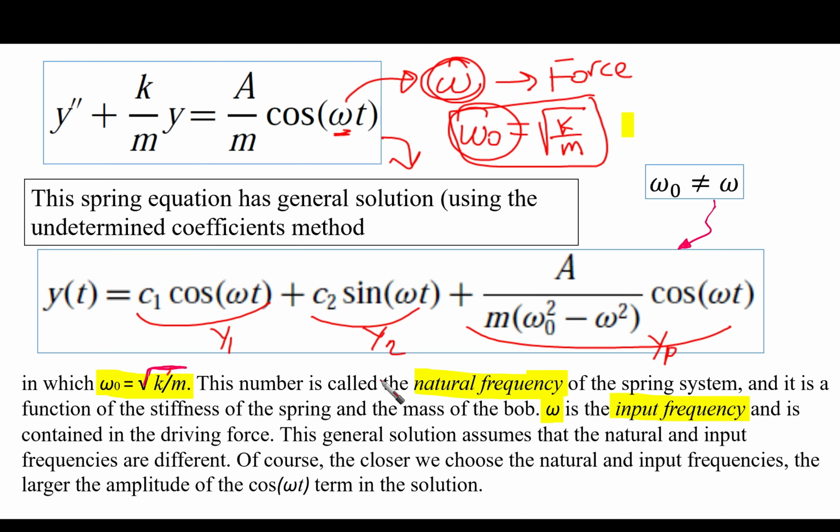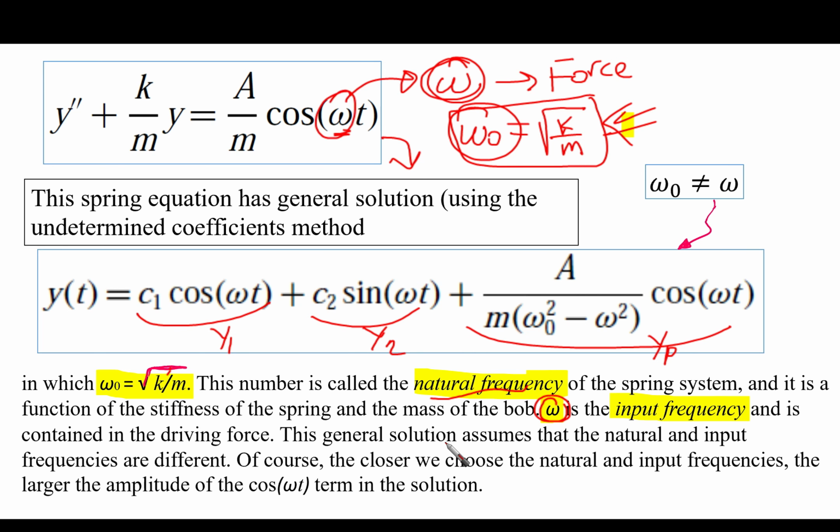This number is called the natural frequency of the spring system, and it is a function of the stiffness of the spring and the mass of the bulb. And omega only, without any subscript, is the input frequency and is contained in the driving force, as we mentioned here.